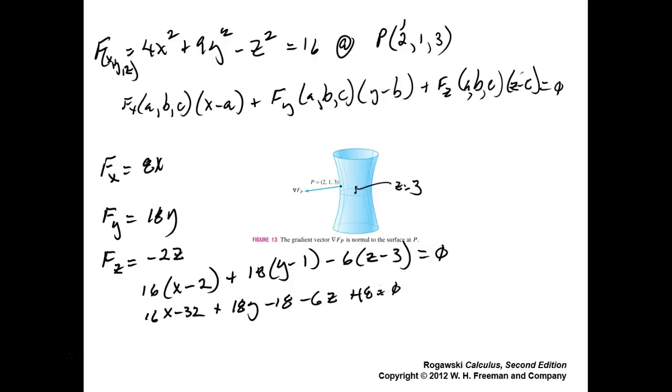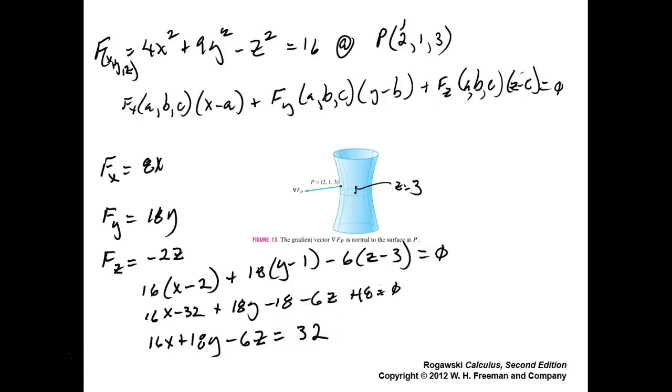So let's combine things together. 16x plus 18y minus 6z is equal to, we'll move the 32 over and the 18 over, that would be plus 32, is equal to 32.